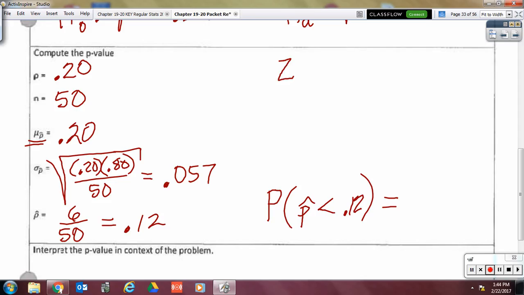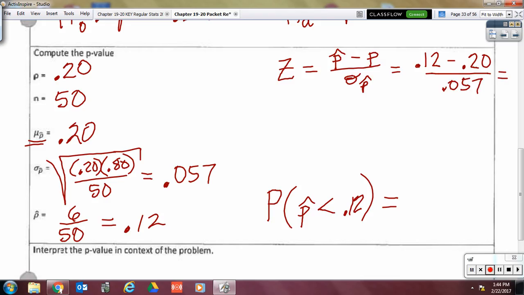Get a z-score. Very good. And remember, that's your p hat minus the p over the standard deviation of p hats. So that's our 0.12 minus the true p over the standard deviation of p hats. And that's negative 1.40.